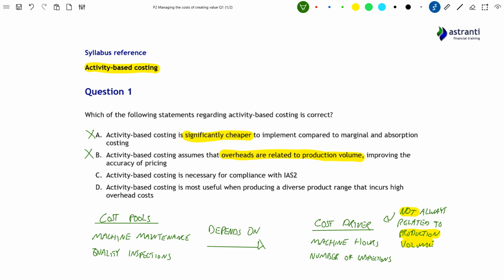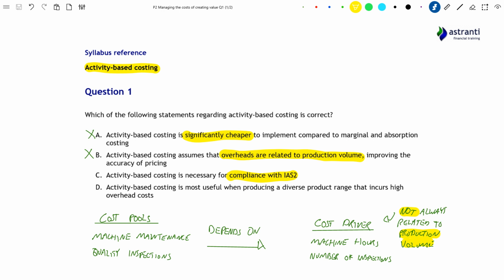We definitely don't assume that overheads are related to production volume. Instead, we look to our different cost drivers. Moving on to option C, that states that activity-based costing is necessary for compliance with IAS 2, International Financial Reporting Standards. Well, these standards mandate that we have to absorb an appropriate amount of fixed overheads. So activity-based costing will absolutely help us to do this. However, it goes further than these standards stipulate.